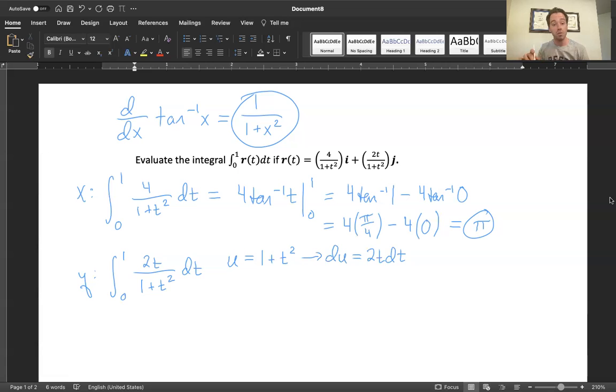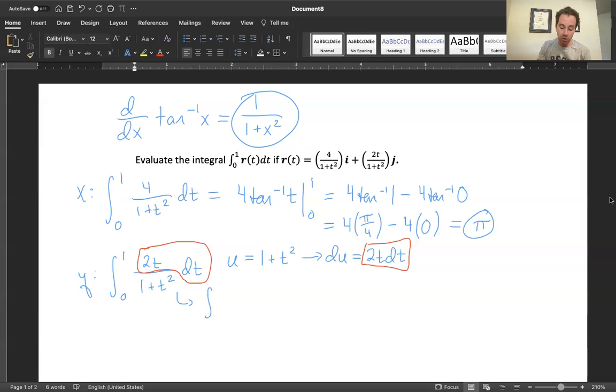Sometimes I like to solve for dt and plug it back in, but sometimes it's just so clear that it's right there. So 2t dt is exactly what du is, all right? Where I differ from how some classes do this is that I tend to leave the bounds of integration in terms of the original variable and then convert back at the end.